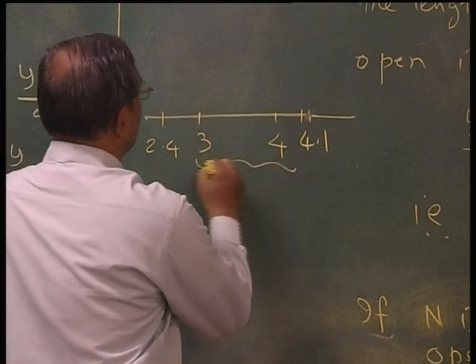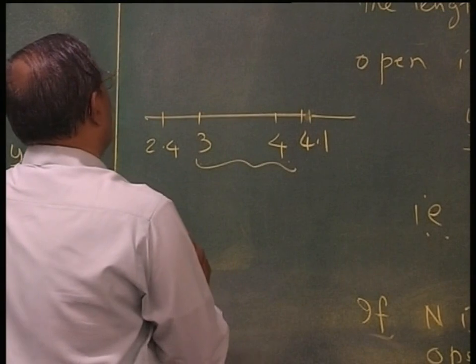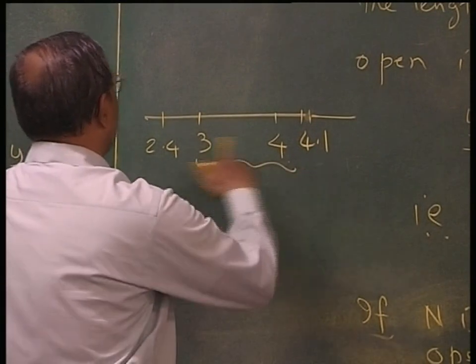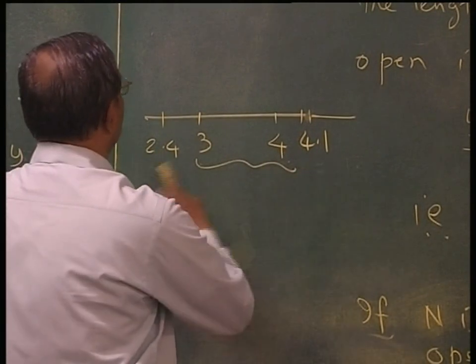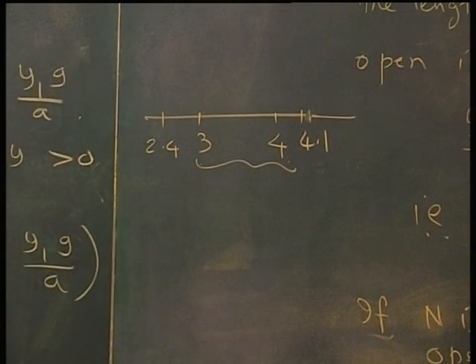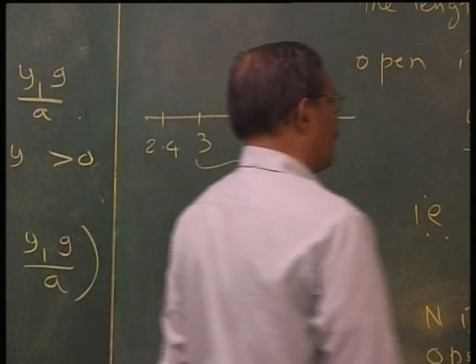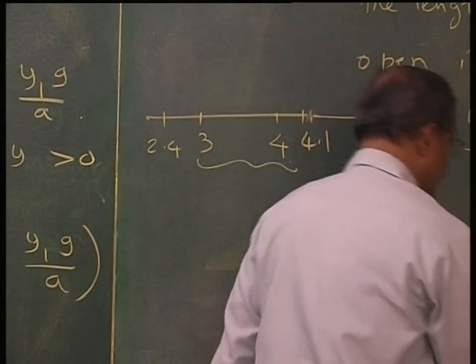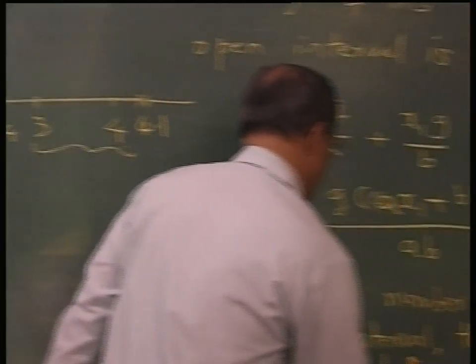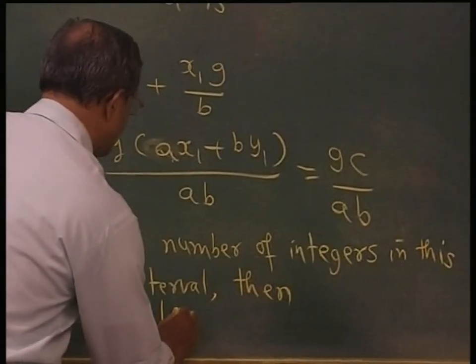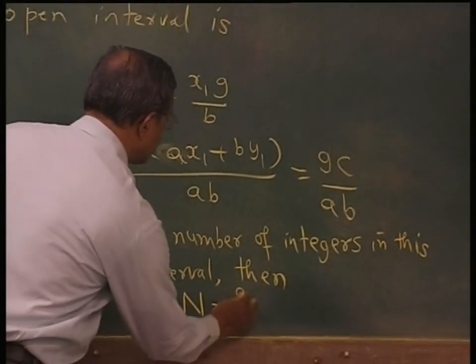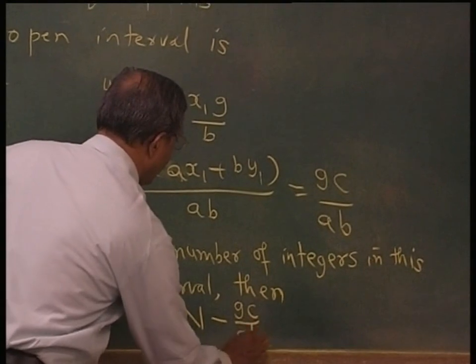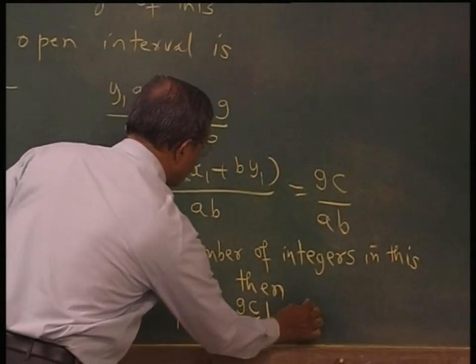There are two integers in between and the length of this interval is actually less than 2. But this number of integers is very close to the length of the interval, and we observe that the number of integers in this open interval satisfies this property that |n minus gc upon ab| is less than or equal to 1.